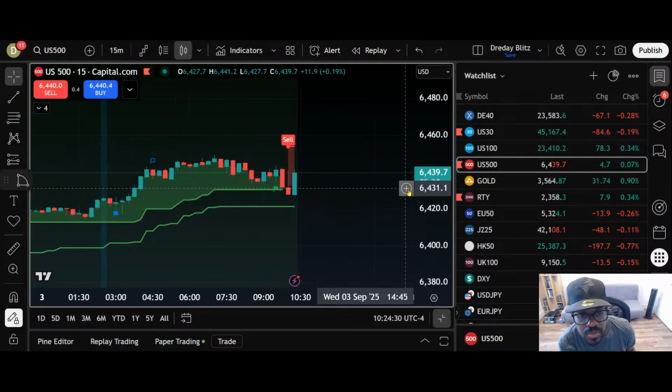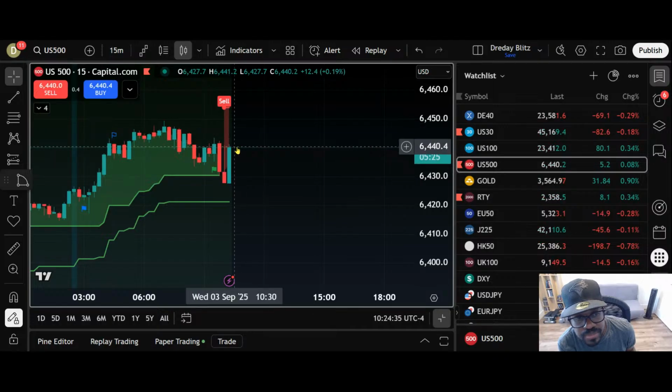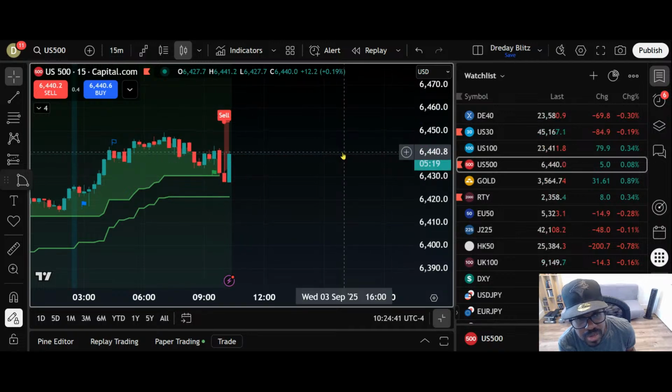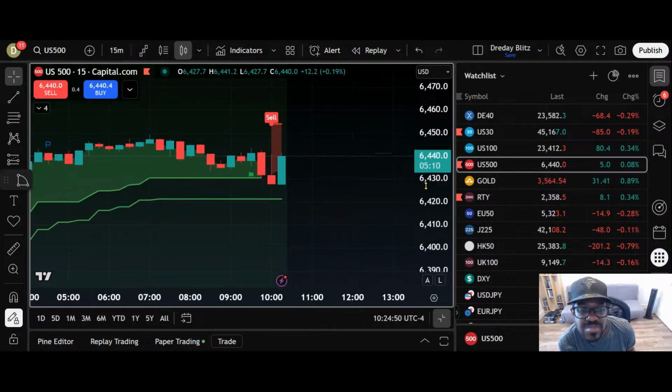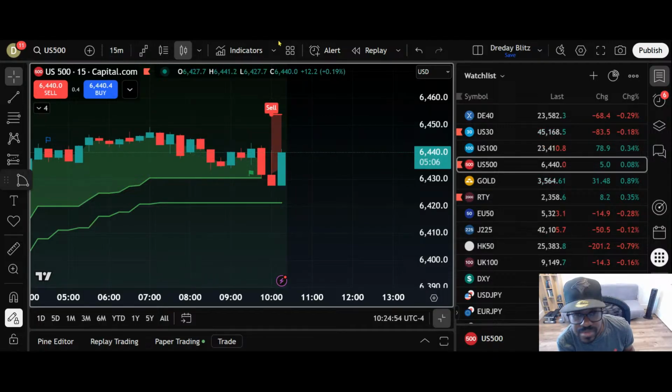But for now, we're still in a sell trend. So waiting for another buy trend if it wants to continue going up. So right now it's still bearish for now.